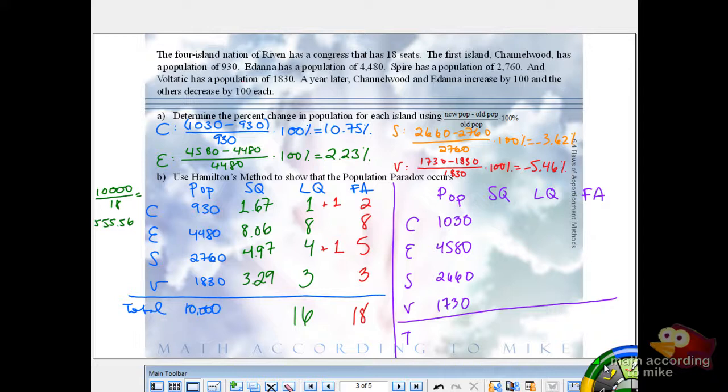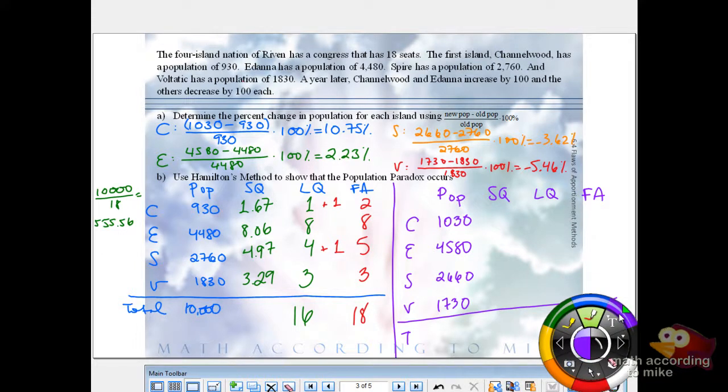So dividing, is that okay that we're still dividing by the same number? Because we still have a total of 10,000 here? Okay.